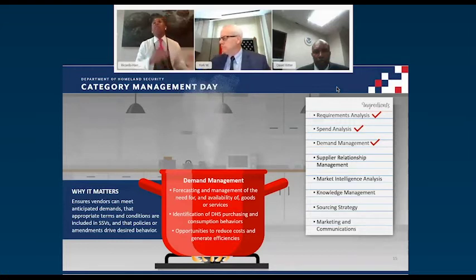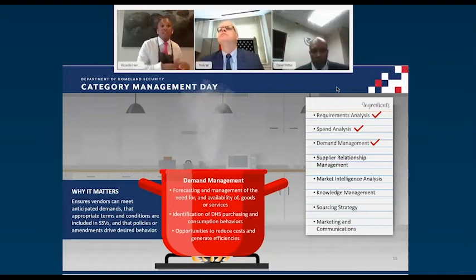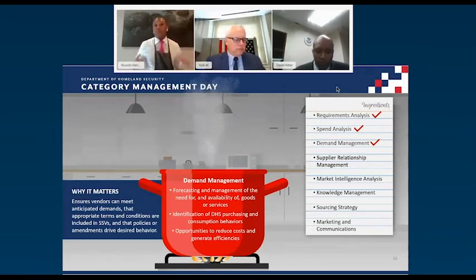One of the other key parts of demand management is not just, oh, I want something, but are there enough suppliers out there to provide it for me? So it's also an extension of the requirements analytics process. Demand management also includes identification of our purchasing and consumption habits to inform buying, process, or policy decisions, and making sure that there are vendors there to support our demand.